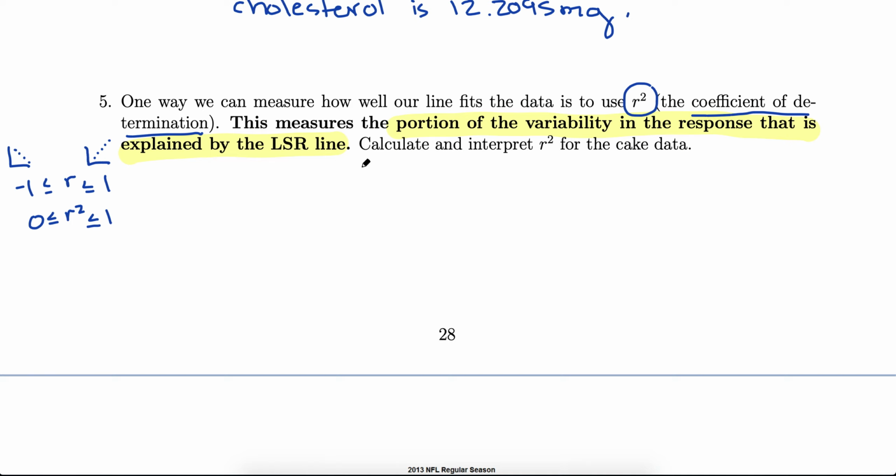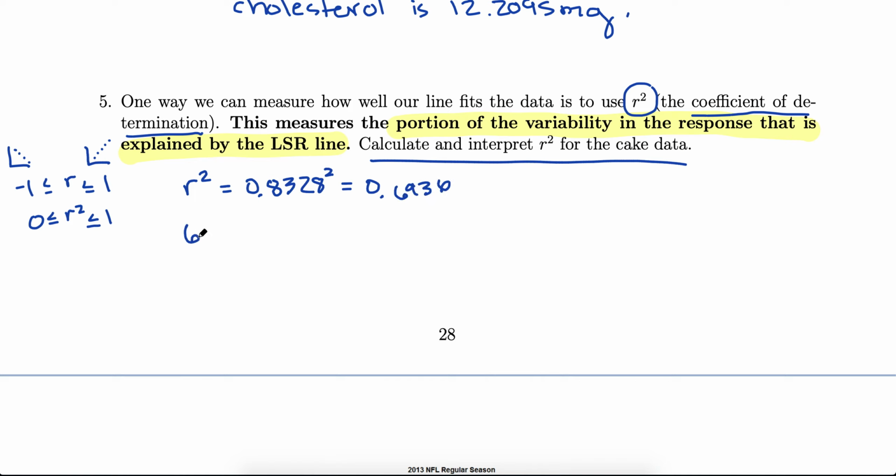So here, let's calculate and interpret r squared for our data set. So in this case, our correlation that we had prior was 0.8328. If we square that, don't multiply by 2, but actually square it, you should get 0.6936.